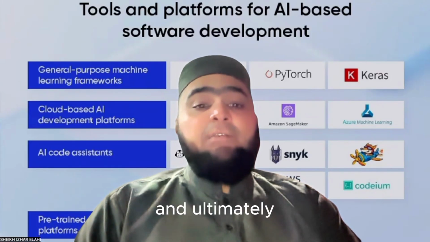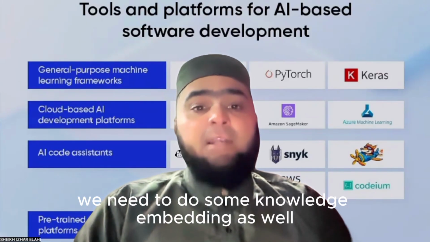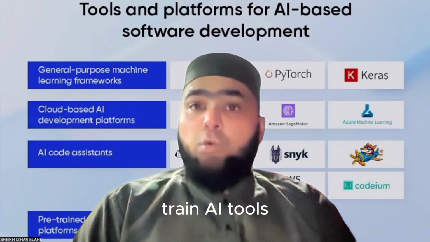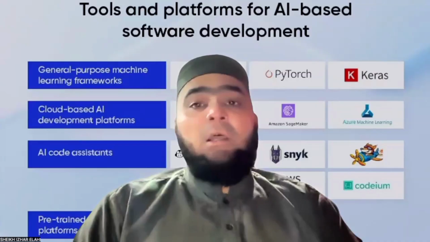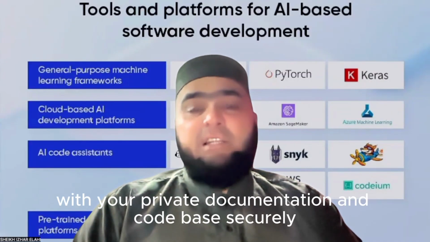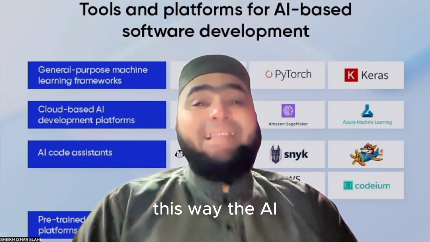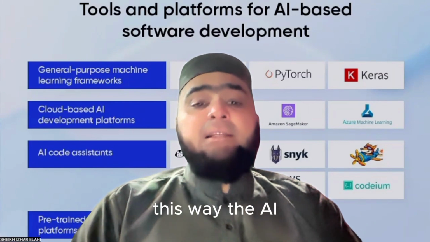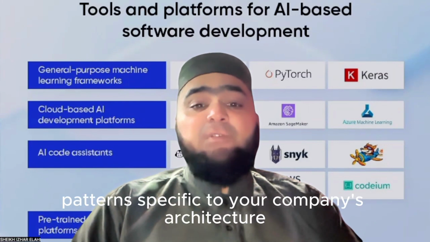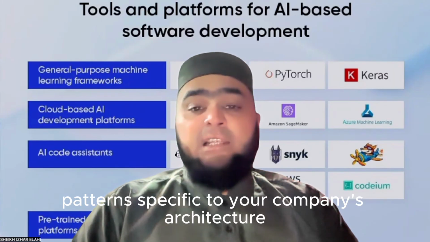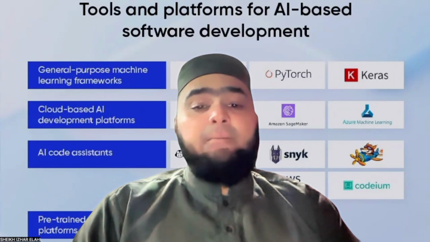And ultimately, we need to do some knowledge embedding as well. Train AI tools with your private documentation and codebase securely. This way, the AI suggests patterns specific to your company's architecture and business domain.